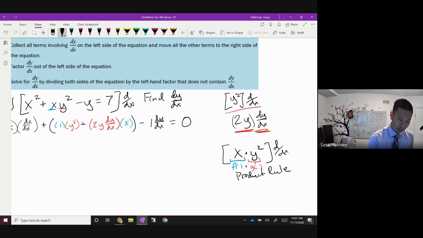And the product rule states this. I need the derivative of the first function times the second function plus the derivative of the second function times the first. Okay? Are you okay so far, guys?